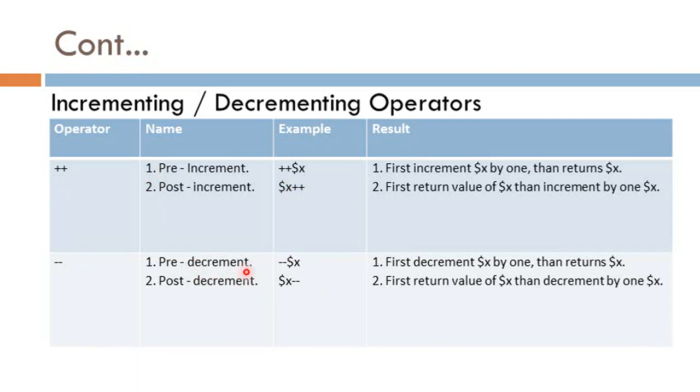Same way, pre-decrement is written as minus minus $x. So it first decrements by 1 and then returns the variable. And in post-decrement, first assign the value of the variable, then decrement the variable by 1.